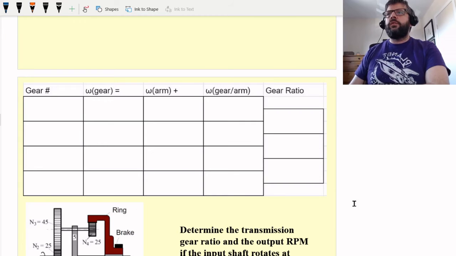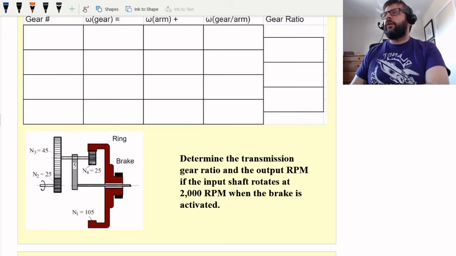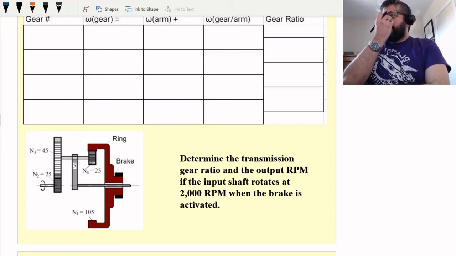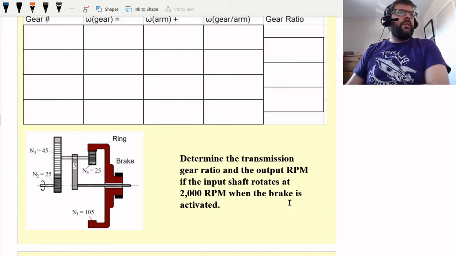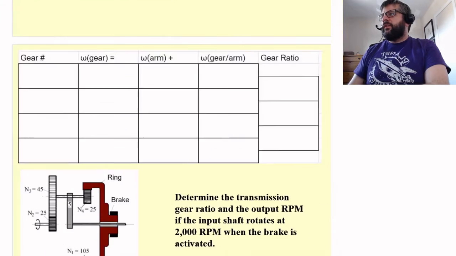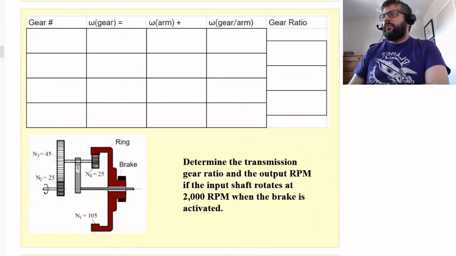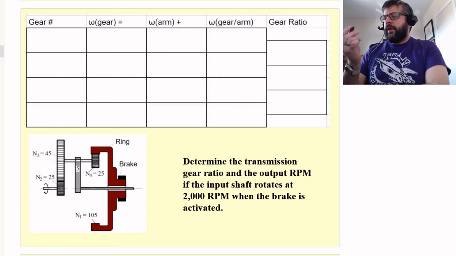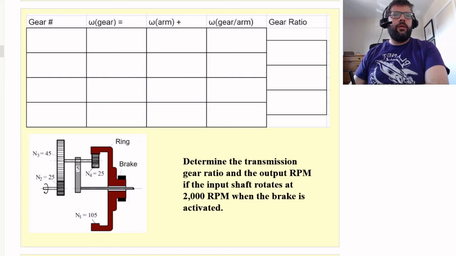So scroll down a little bit here. In this case, we want to figure out what the gear ratio is, and the output RPM, if we have the input shaft rotating at 200 RPM. The input shaft is here. That's our input shaft, so that's the sun.